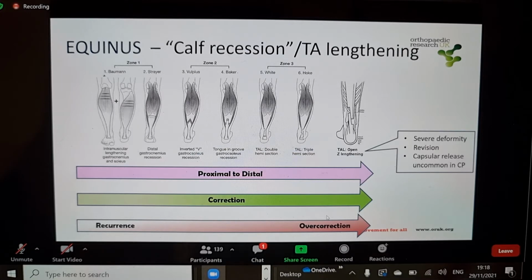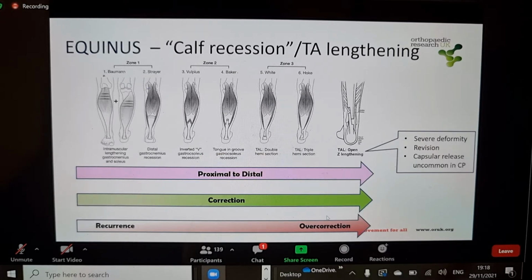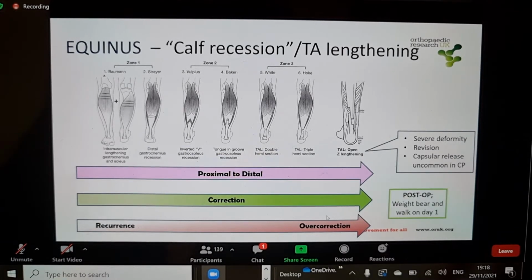So maybe for severe deformities, for revision surgery, you might do an open Z lengthening of an Achilles tendon, but it's becoming increasingly rare, particularly in my practice. Incidentally, releasing the capsules, the posterior capsule of the ankle and the subtalar joint, is pretty unusual in cerebral palsy, much more common in other conditions, club foot being a good example.